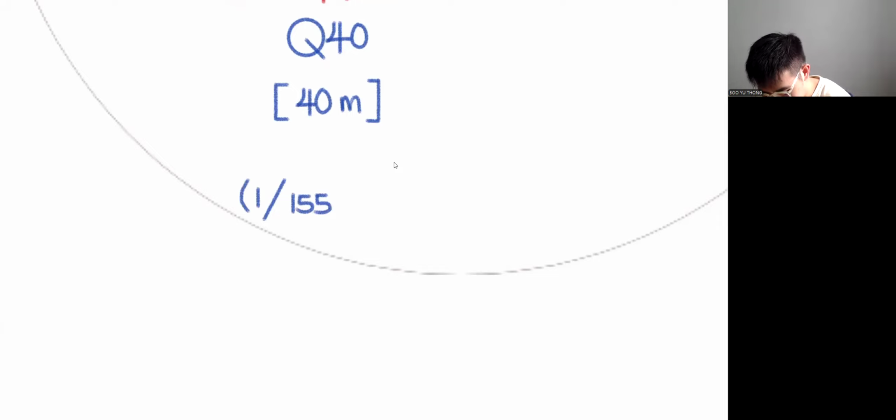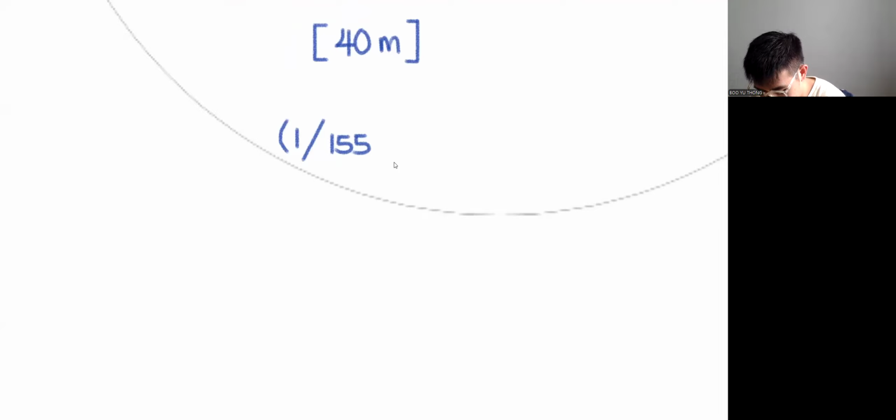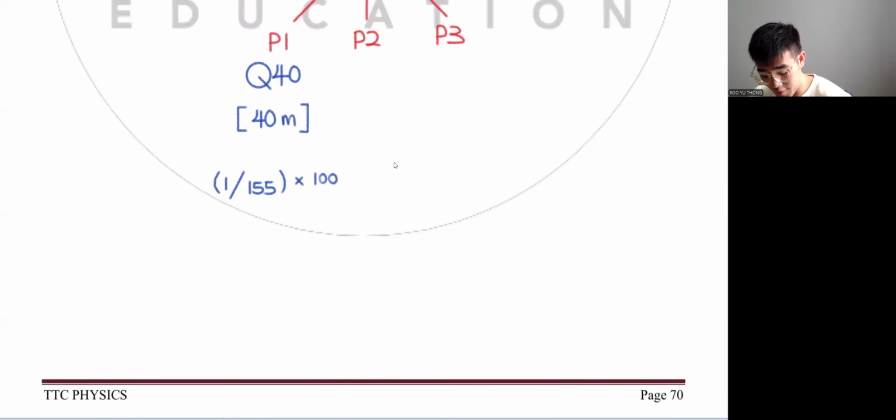So 1 over 155, because like I said, after adding all 3 papers together, it will be 155 marks. And then just multiply by 100, then you will know in 100 marks how many marks there are for 1 mark. You get what I mean? Over here, so I can put it here.